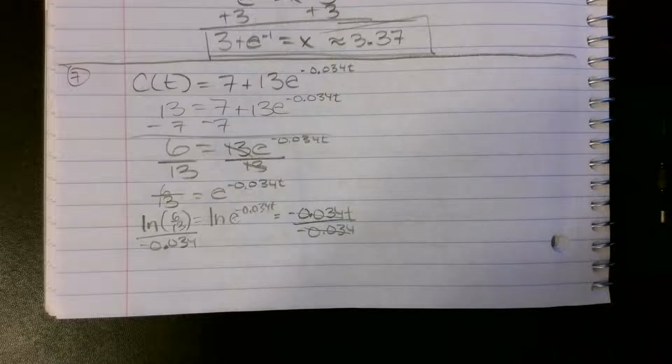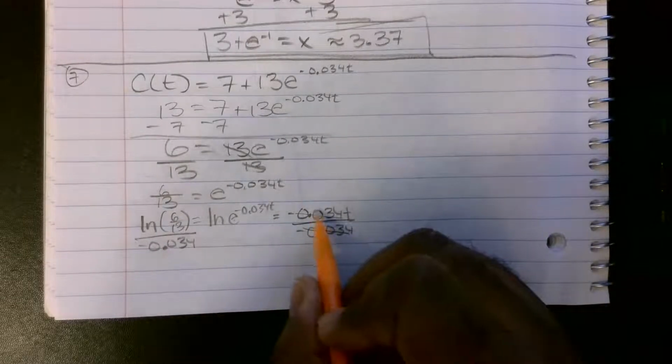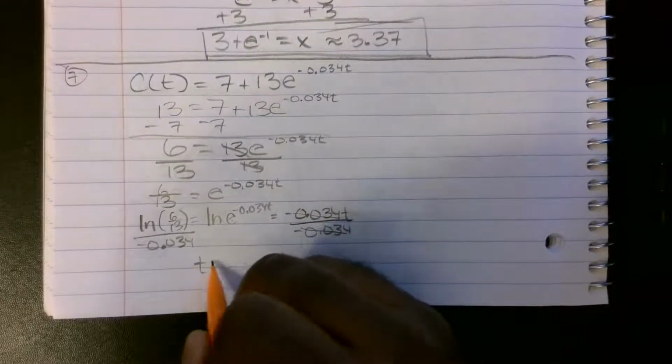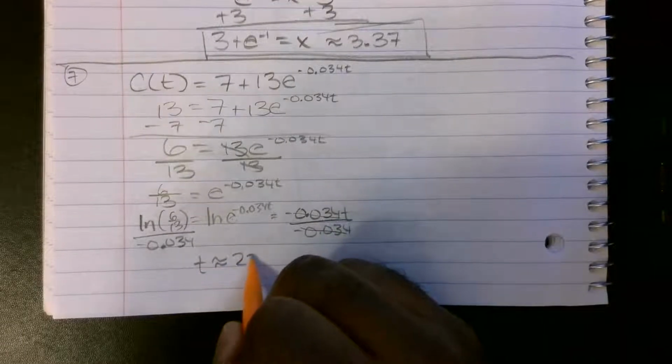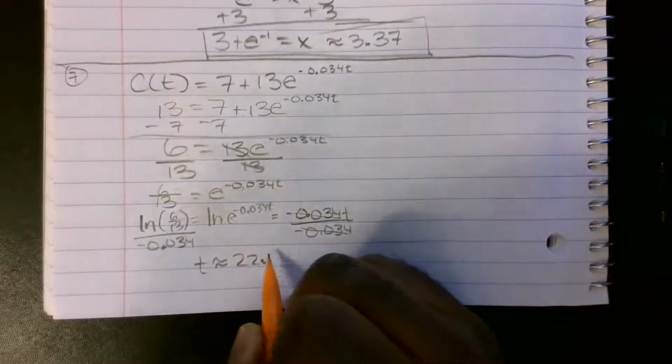There's natural log of 6 over 13, over negative 0.034. And I end up with t being about equal to 22, rounded to the nearest tenth.